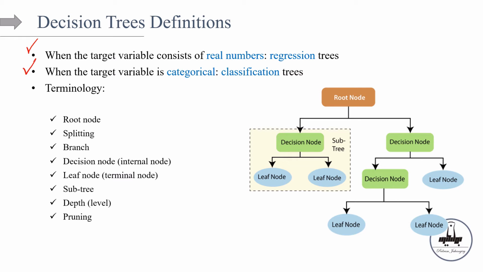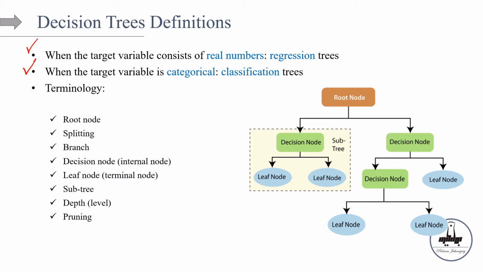And when the target variable is categorical, you're going to deal with a decision tree classification. For example, the target variable can be 2 classes: default, no default, pass, fail, accepting a loan, rejecting a loan. Or it can be more than 2 classes, like in the stock market you want to bet on direction: buy, sell, hold, things like that.